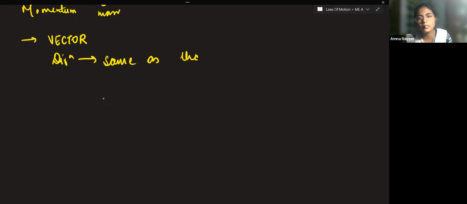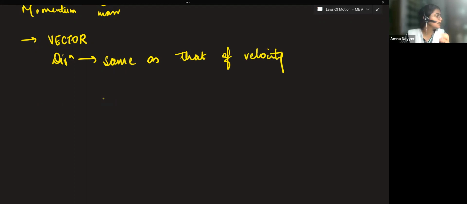If velocity is acting towards north, momentum will also act towards north. Direction will be there, magnitude will be there, and it will obey the vector laws.